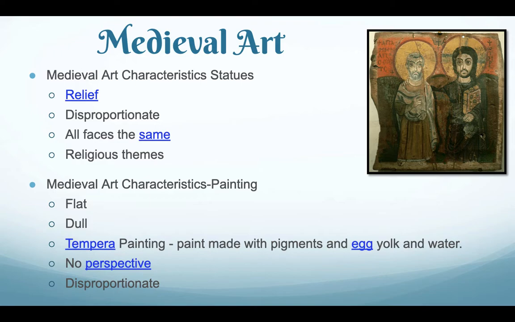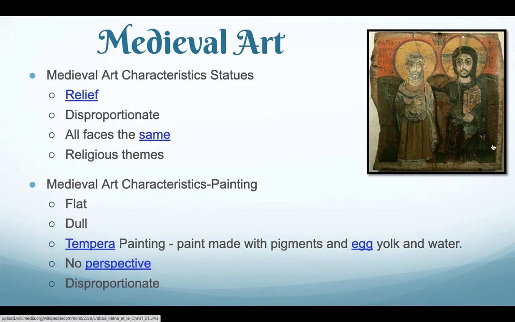They are disproportionate, so oftentimes the legs are longer or not long enough. All the faces are the same. Medieval artists often just painted one face and used that for every piece of art that they created or sculpted. And then religious themes pretty much dominate medieval art, because all of life revolved around the Roman Catholic Church.